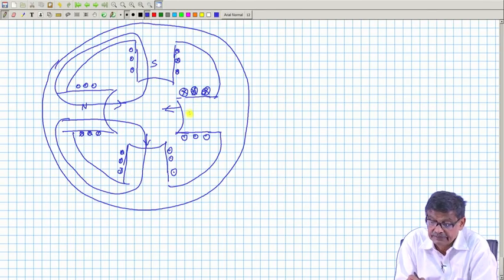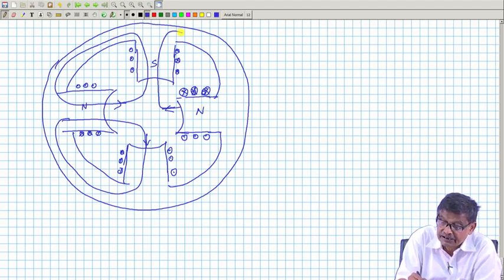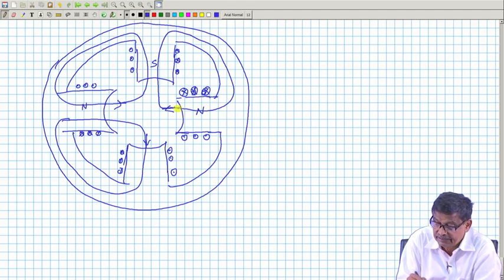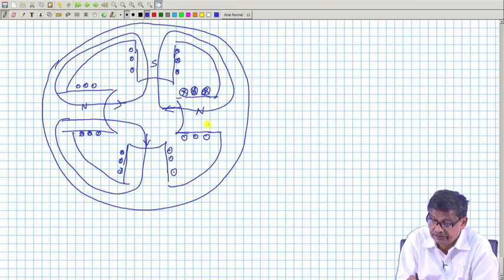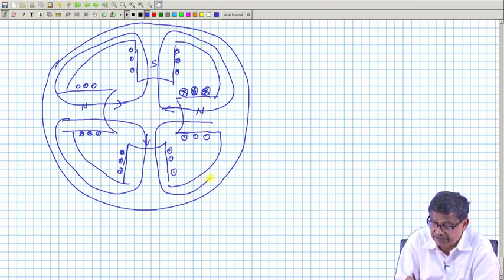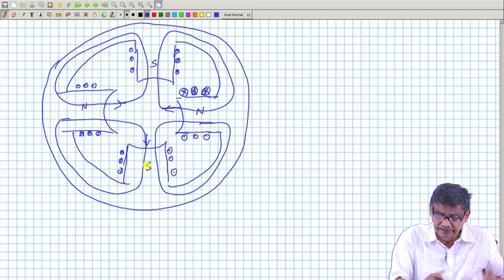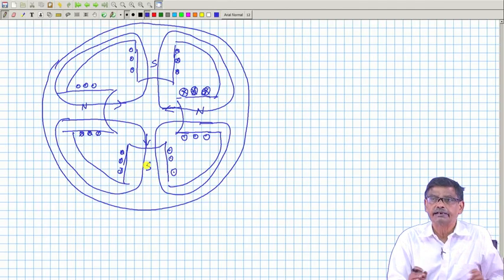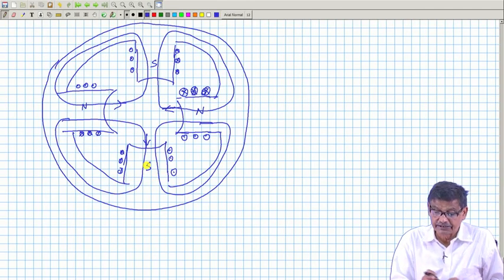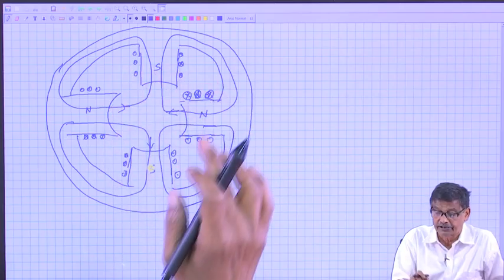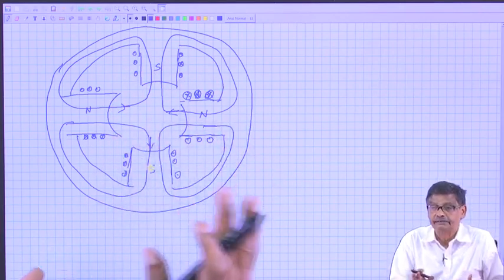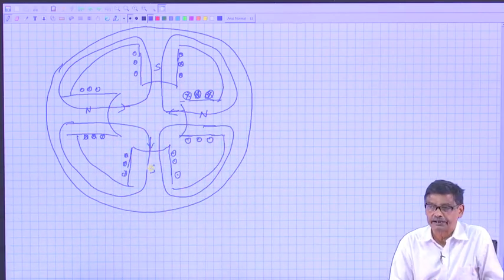and this is north, this will also create lines of force like this, and this will also create lines of force like this. So, north, south, this is the thing. And this field coil should be connected in series in such a fashion that the current distribution in these conductors is like this, then only this pattern will be created.